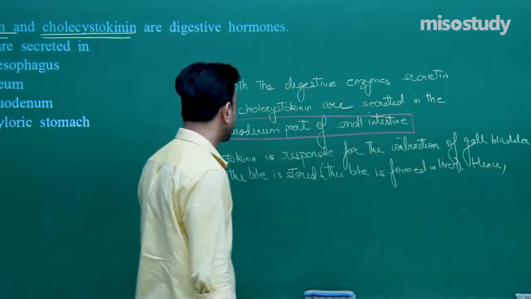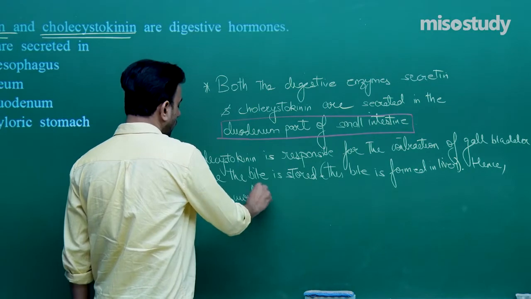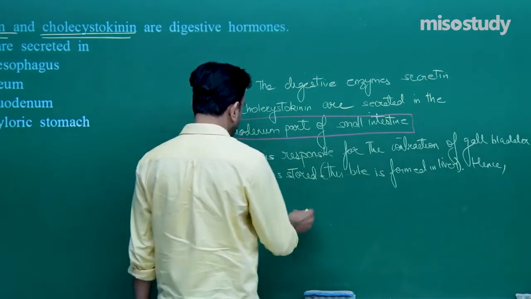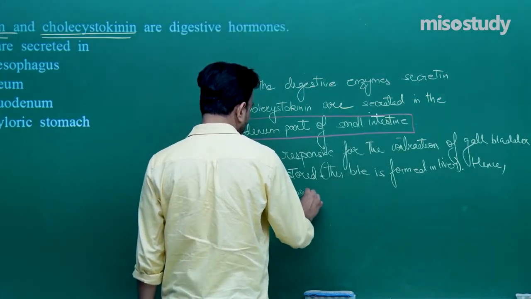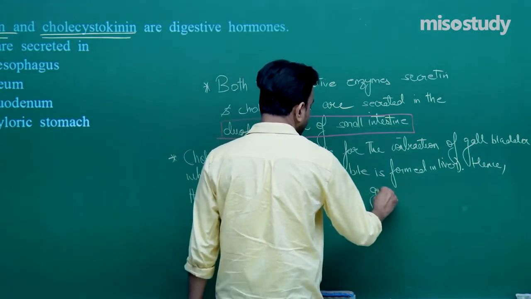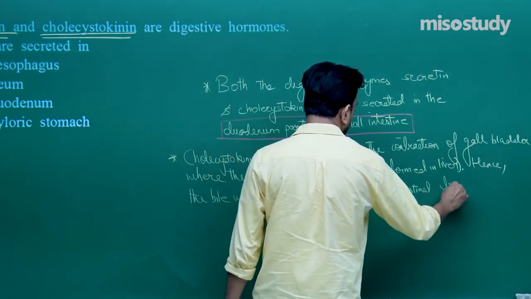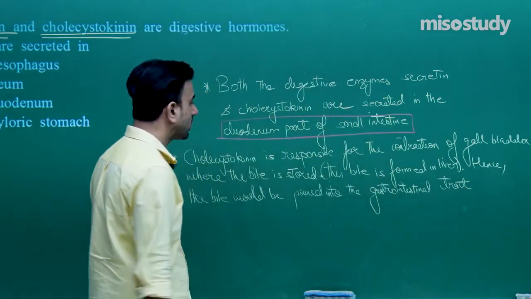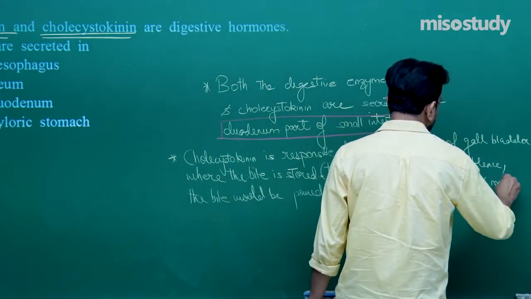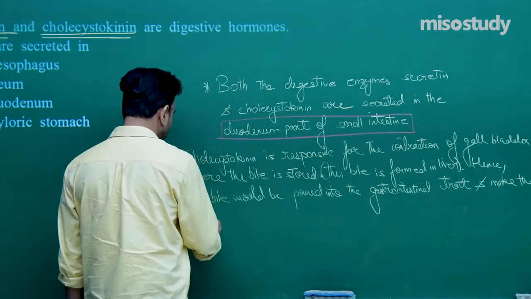Hence the bile would now be poured into the gastrointestinal tract and make the content alkaline.